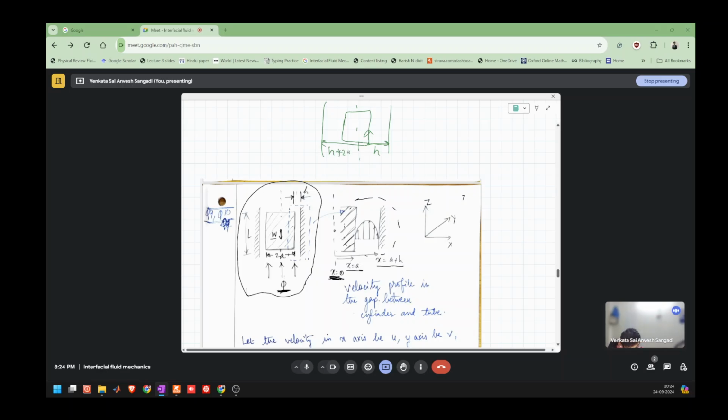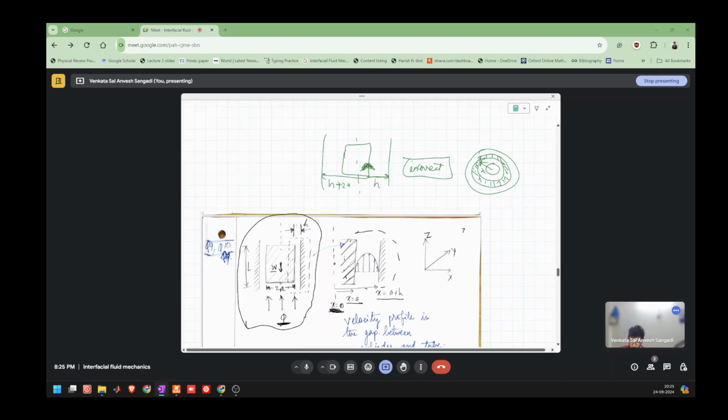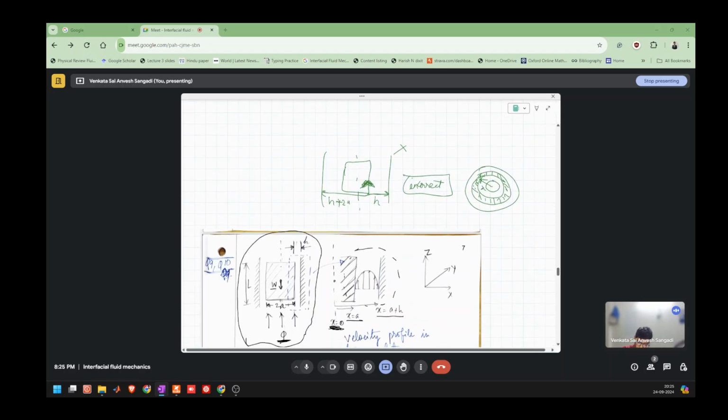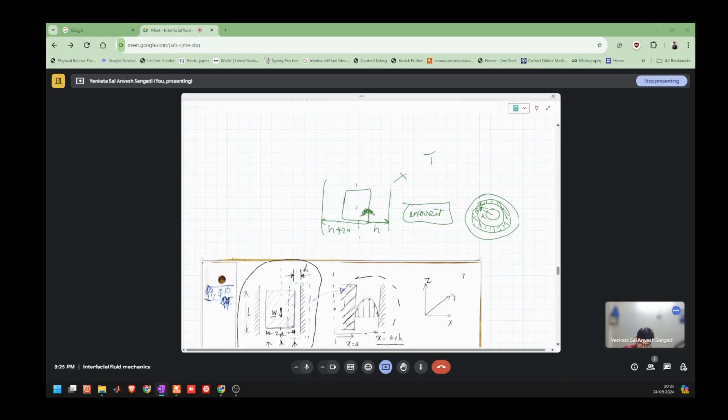Therefore, this breaks the symmetry and the answer is incorrect when taking a cylindrical strip. This needs to be x in all directions. Therefore, this was the error made in the last analysis, which is why the answer was incorrect.